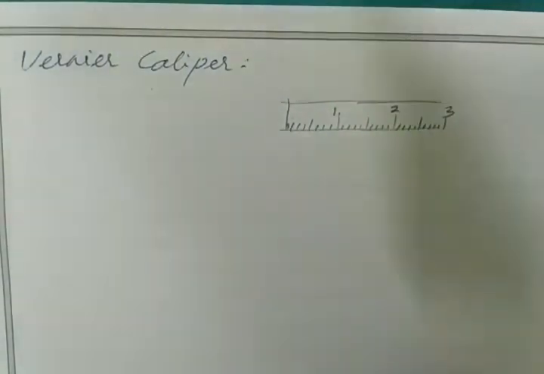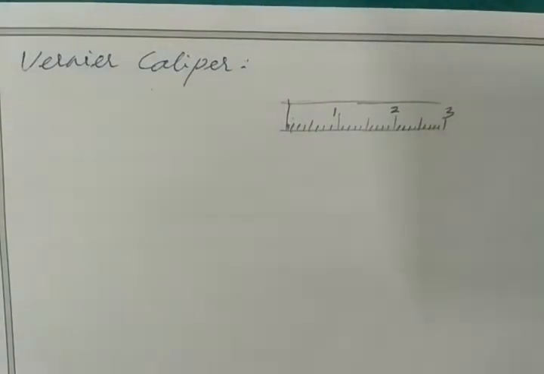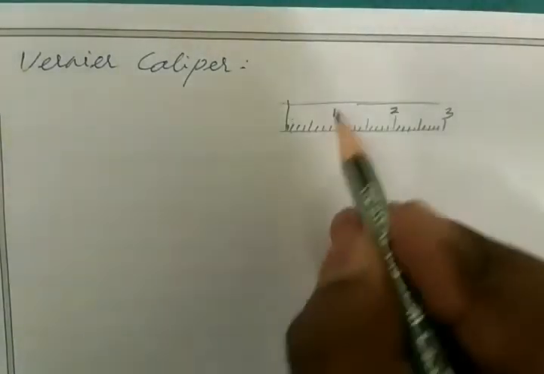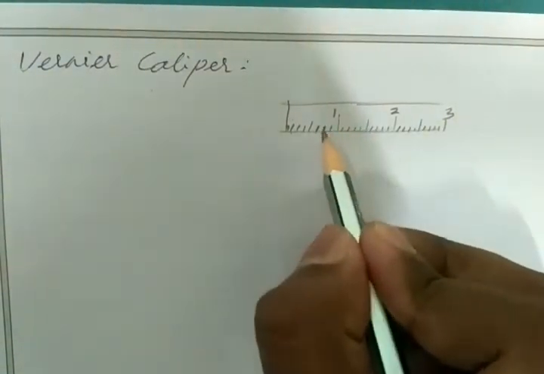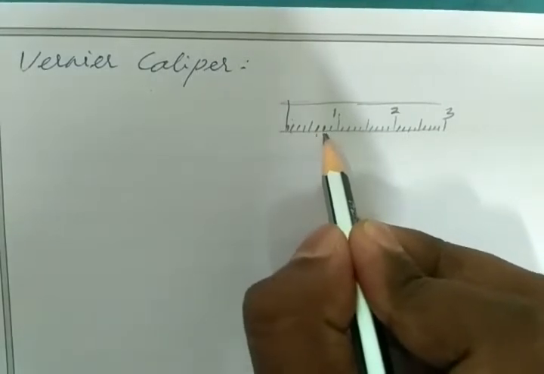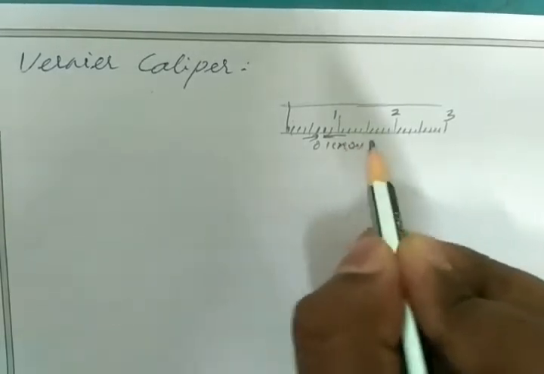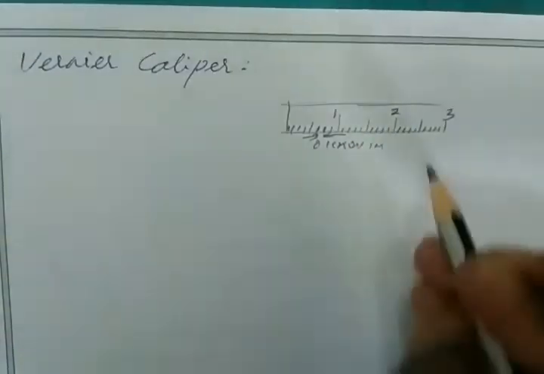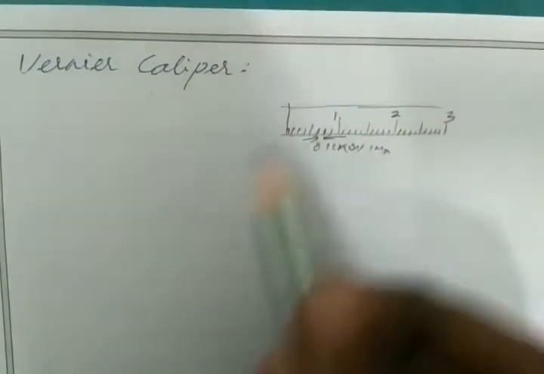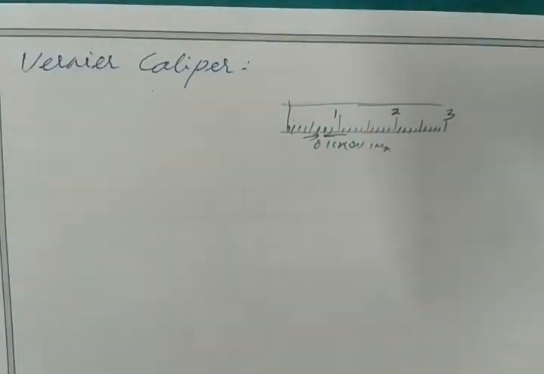From this scale, the least value we can measure is 0.1 centimeter, the distance between two small lines, or we can say 1 mm, 1 millimeter. Here 10 millimeter equals 1 centimeter. So with this type of scale we can measure up to 15 centimeter or 12 centimeter, in steps of 0.1 centimeter or 1 millimeter.